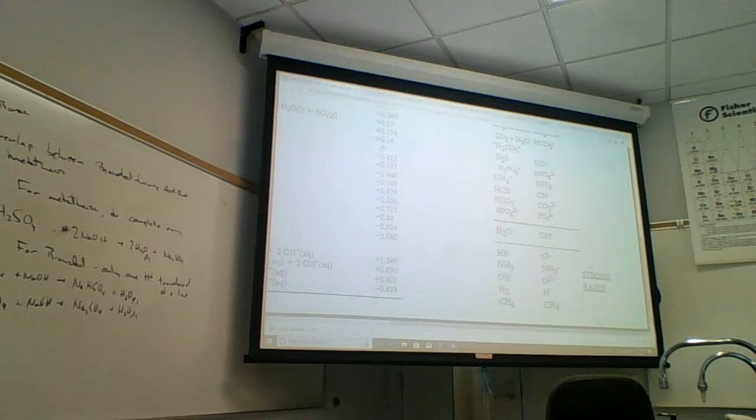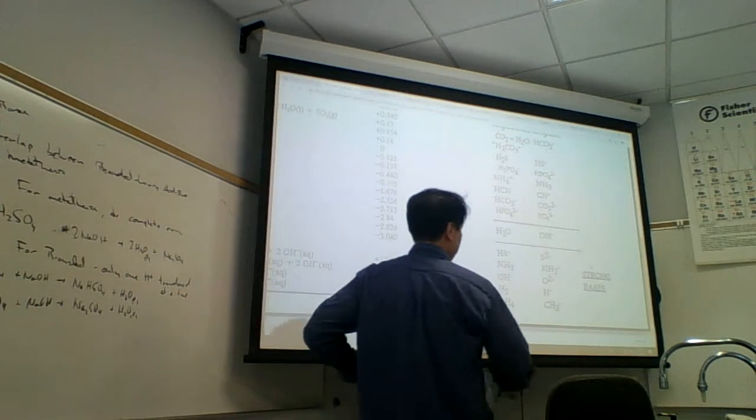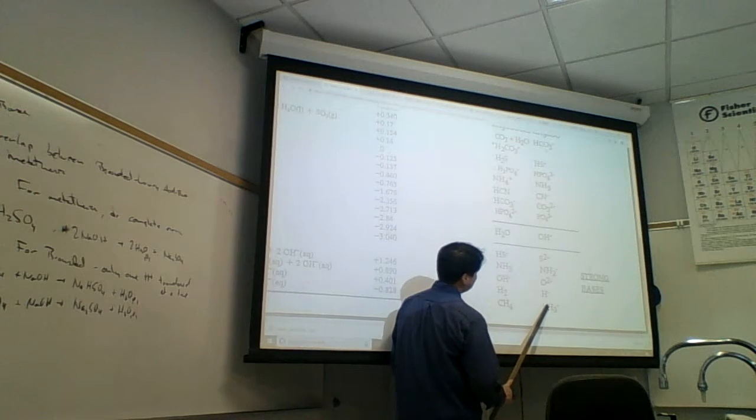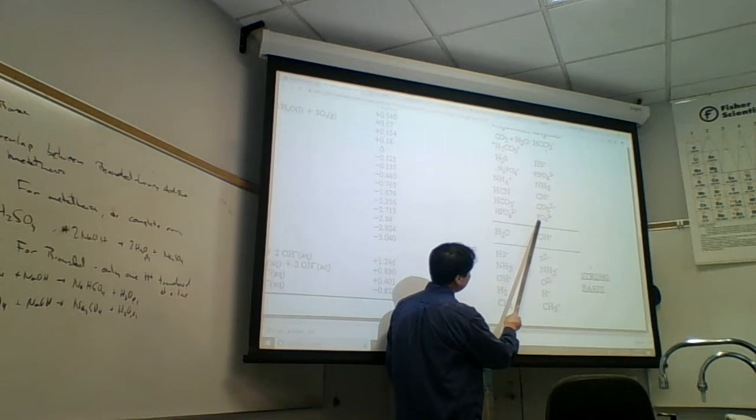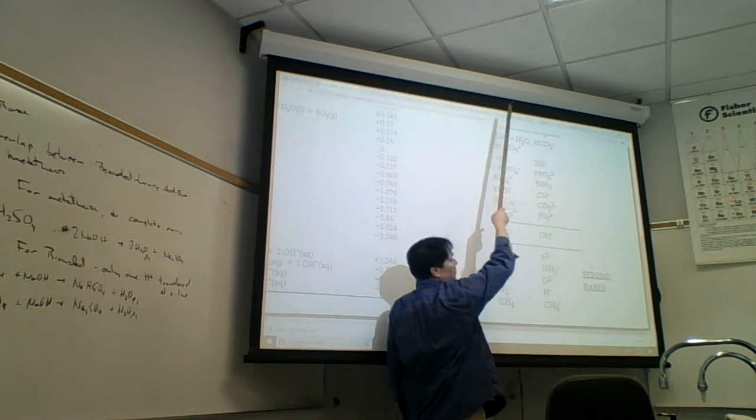Step 4. Find the strongest base present. And so we have three bases. We have bicarbonate, we have phosphate, and we have water. The strongest base is down here on the right. So we go up. The first base we hit is phosphate, right here. The next base we hit is bicarbonate here. And then water is way up there.